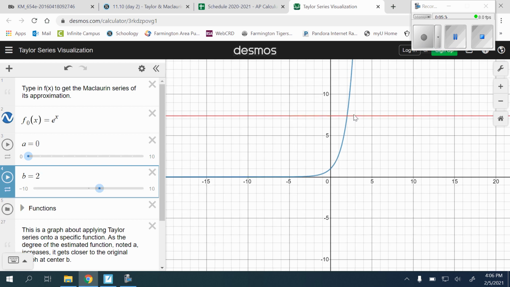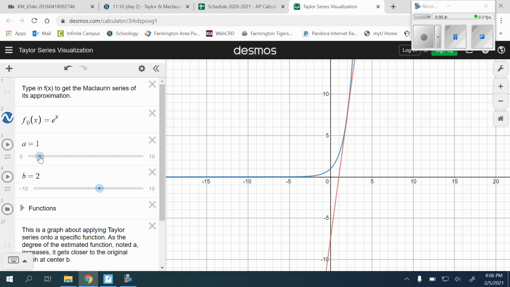You can see now we're looking at where x equals 2. If we follow it up, that's where we're trying to approximate the graph. As we increase the number of terms, the first degree one would be like a tangent line. Here's our second degree approximation. You can see around 2 here, it's a very good approximation. Here's the third degree one, and now we're starting to get even closer.